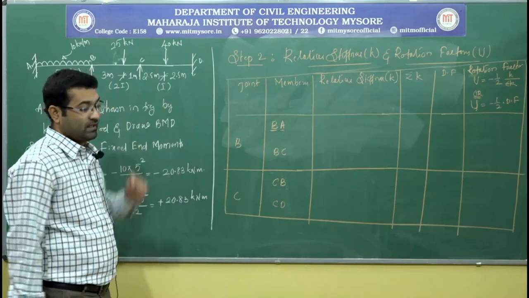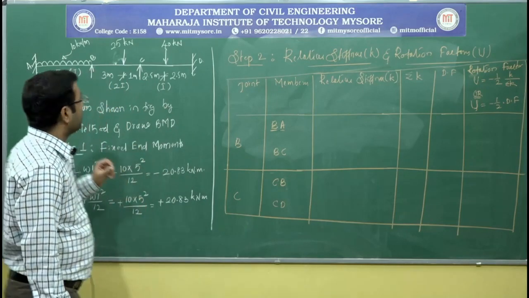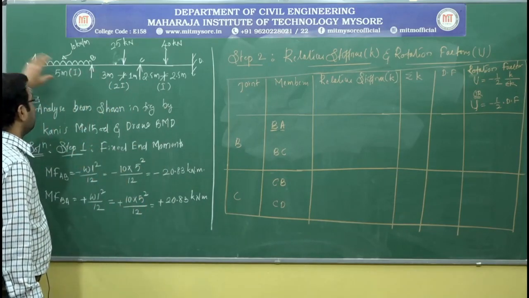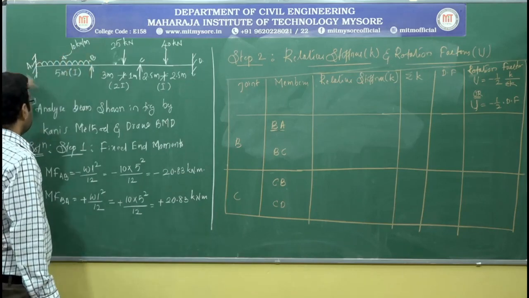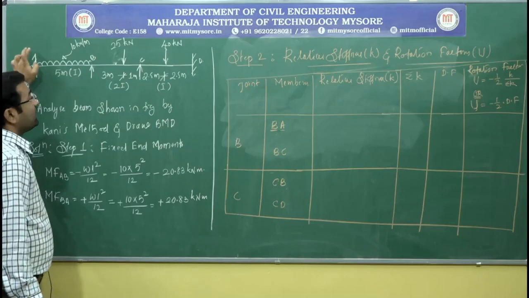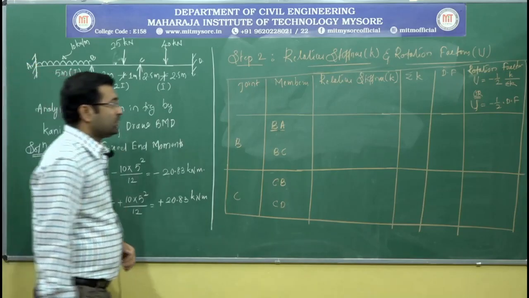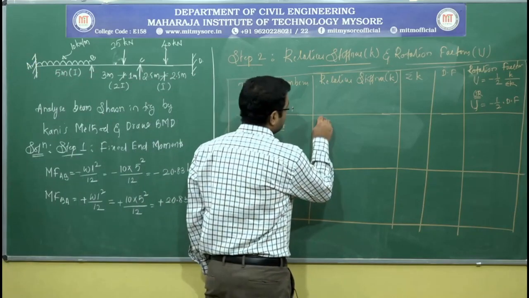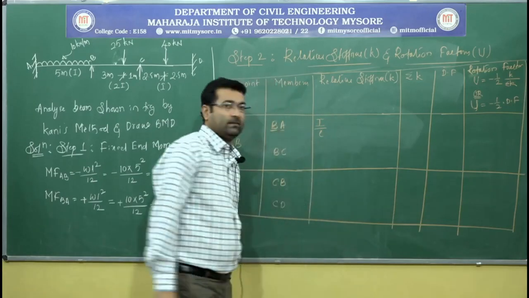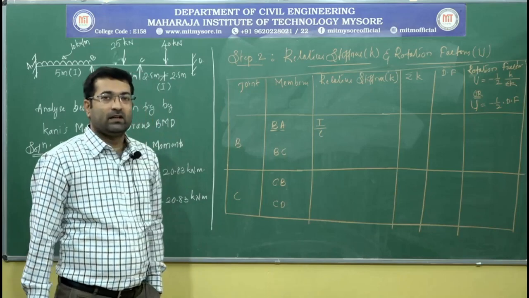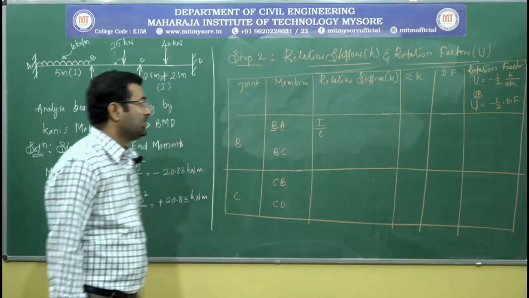So how is the far end? Here the far end is fixed. So for a fixed far end, the relative stiffness formula is I by L.